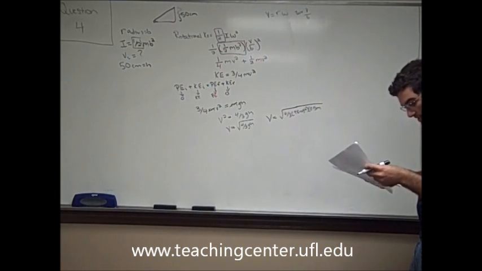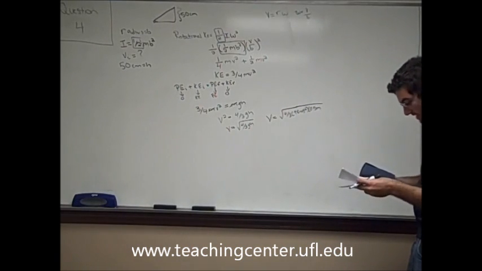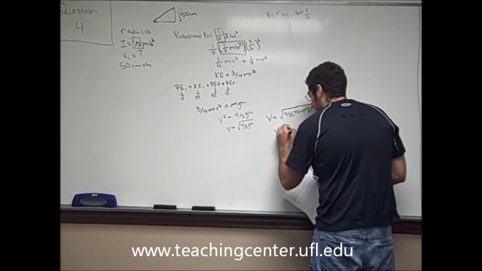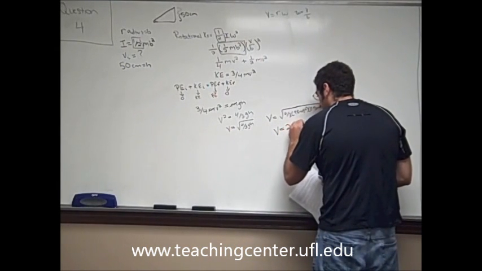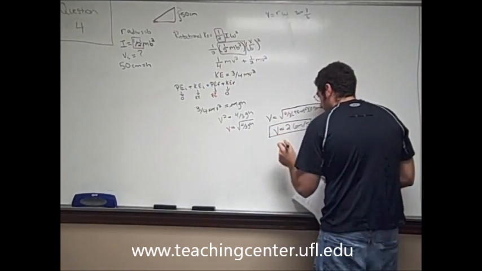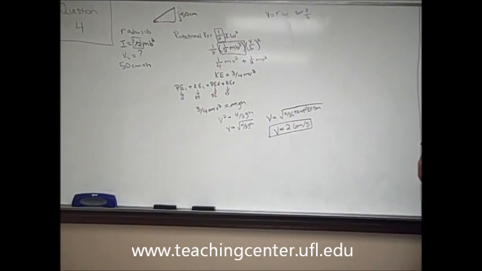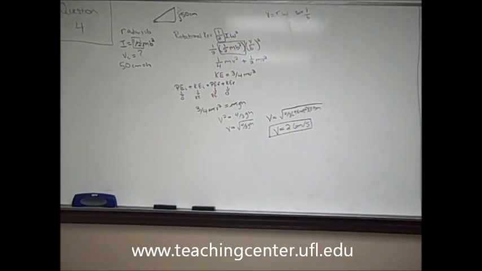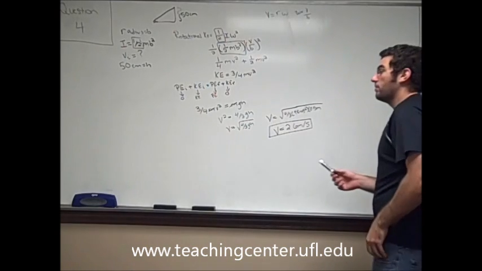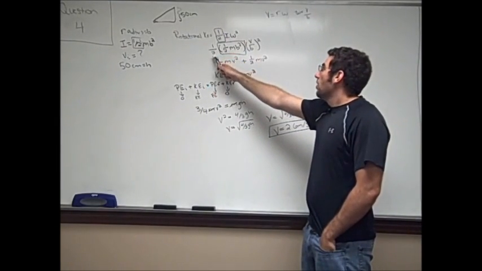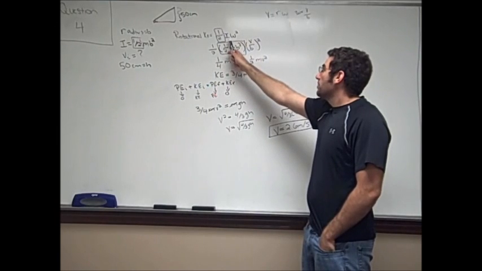And our velocity here is equal to 2.6 meters per second, which is answer choice A. So this is definitely by far, I think, the most complicated question on the exam, because you have to remember rotational kinetic energy was equal to 1/2 I omega squared.